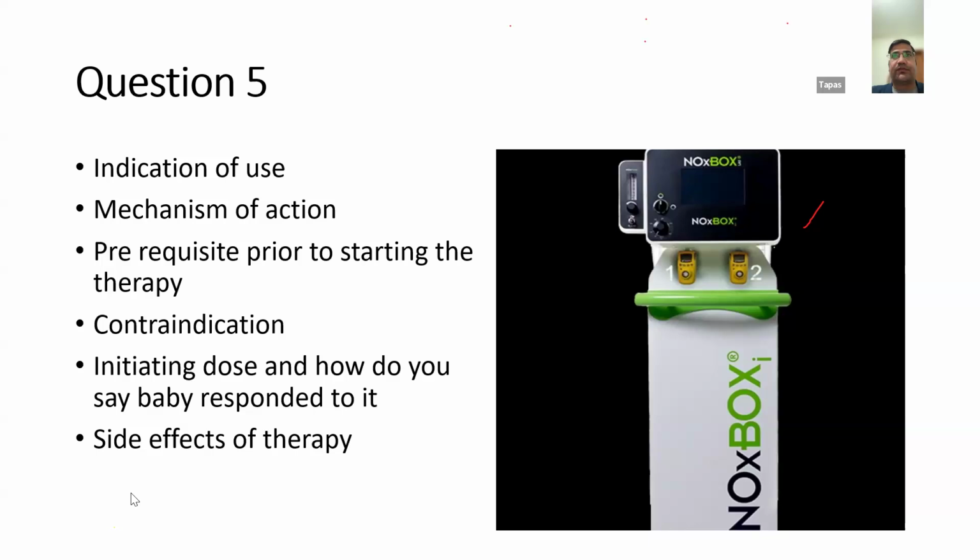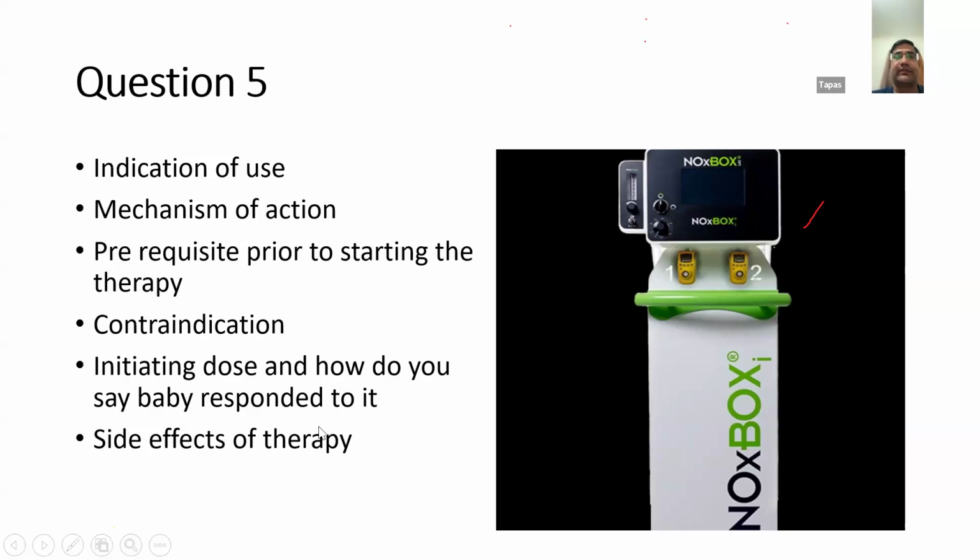What are the contraindications of using iNO? What is the dose to initiate iNO and how do you say the baby has responded? You already discussed the 20-20-20 rule. What are the side effects?